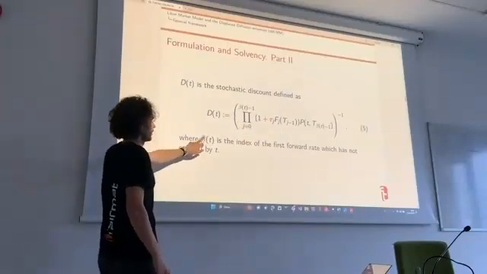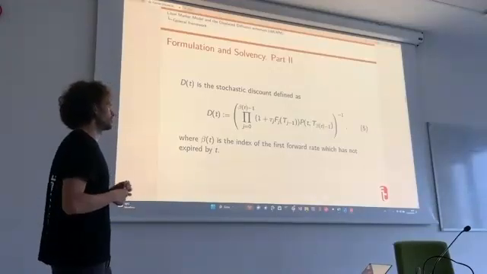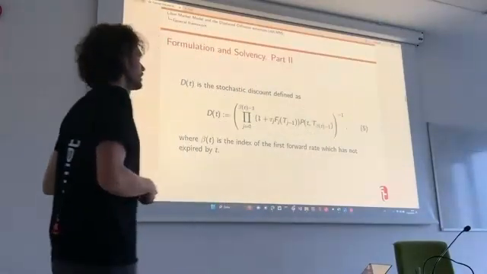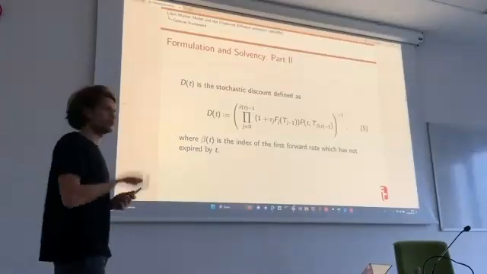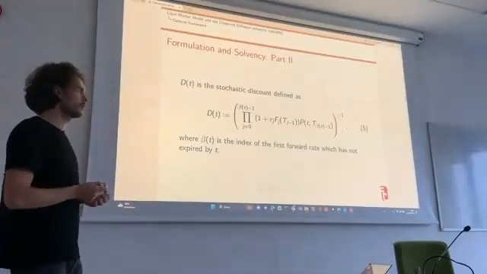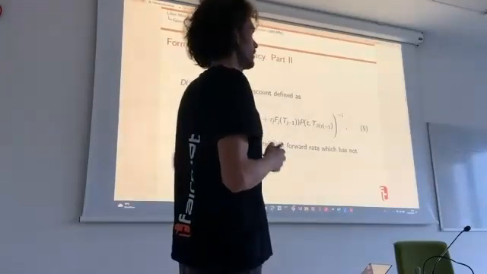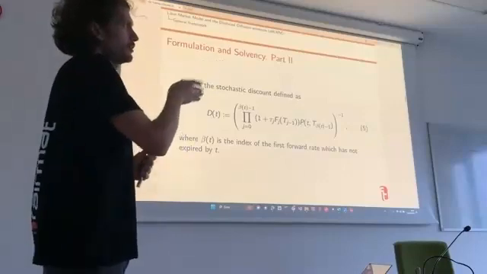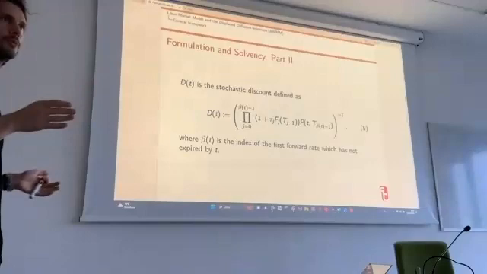We have to talk a bit about beta t. Beta t is nothing else than an index, given the plot I showed you before. It is the first forward rate which is not expired at time t. So suppose that you are simulating and you get that small t equal to 2.